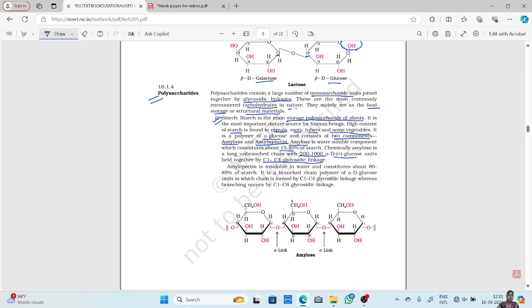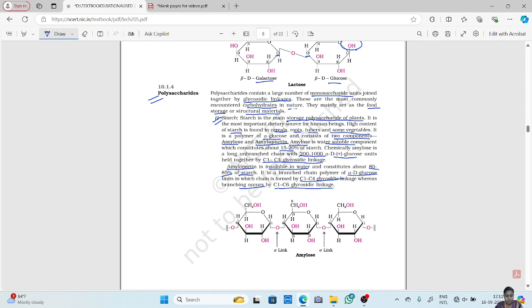This is amylose. Now second one is the amylopectin, which is insoluble in water and constitutes 80 to 85% of starch. It is a branched chain polymer of alpha D glucose units in which the chain is formed with C1C4 glycosidic linkage, whereas the branching is formed with C1C6 glycosidic linkage.